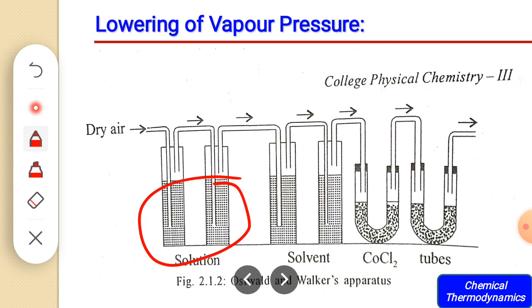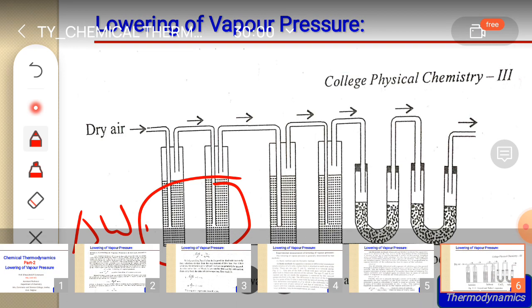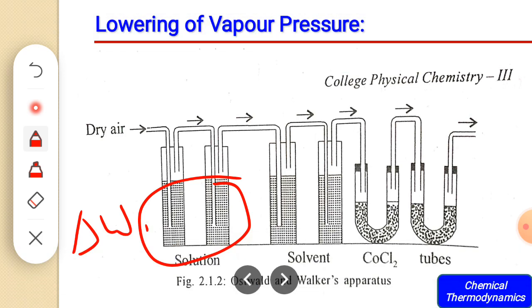Whatever loss in the weight there is is indicated by delta W1. This loss in weight of the tubes containing the solution is proportional to the vapor pressure of the solution, P. Again, these saturated vapors are passed through the other tubes containing the solvent.